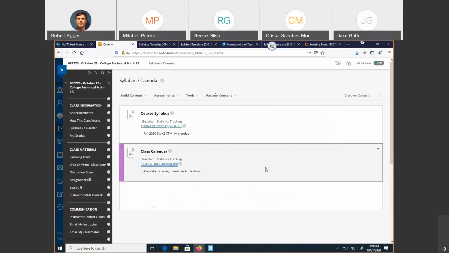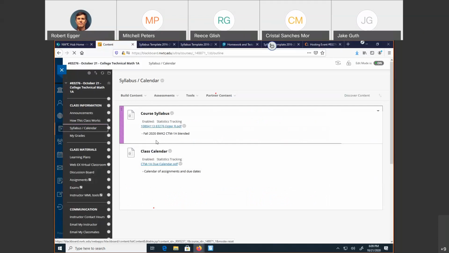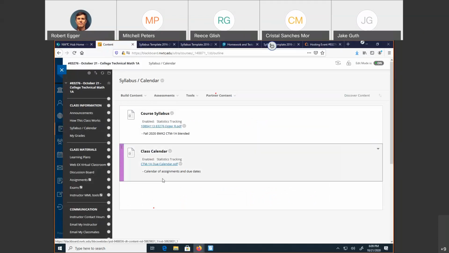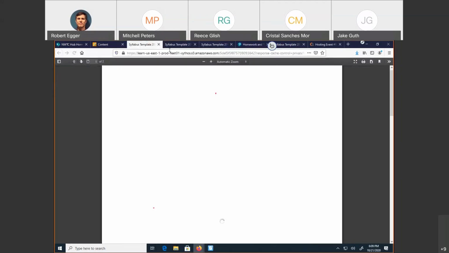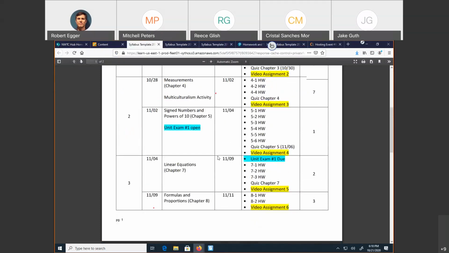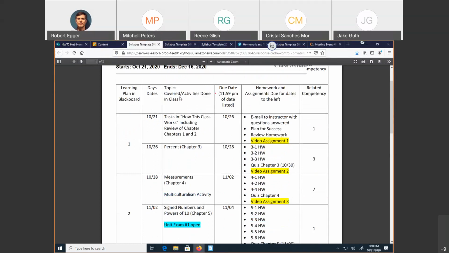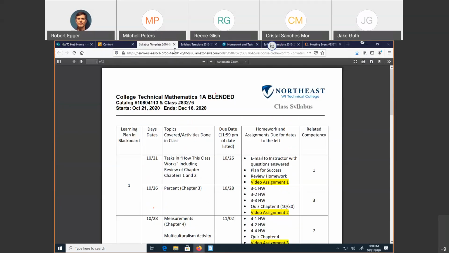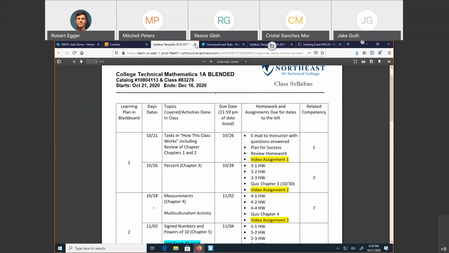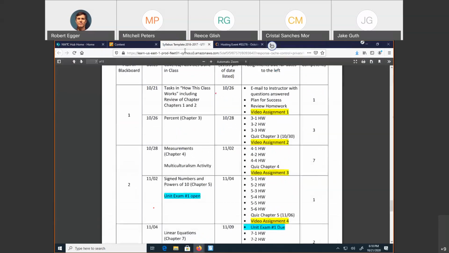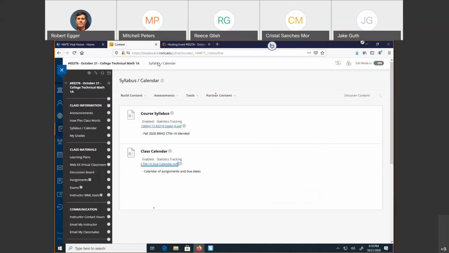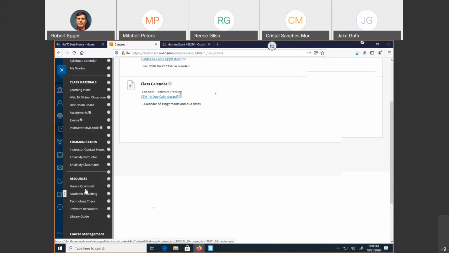Okay. So these are the dates we'll be working to on the calendar here. Let's see, class time learning plans.